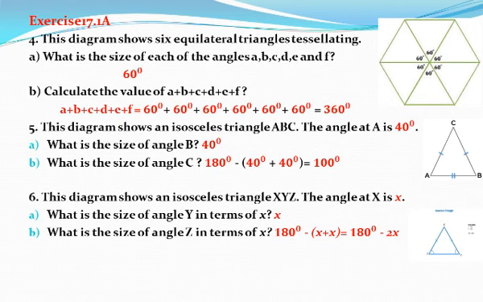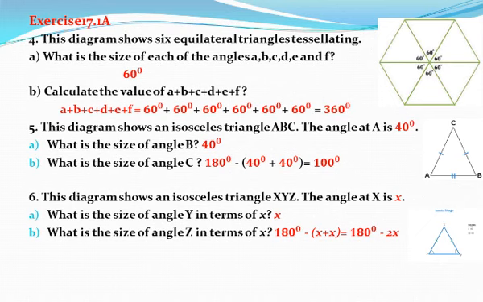Question 6. This diagram shows an isosceles triangle XYZ. The angle at X is x. What is the size of angle Y in terms of x?